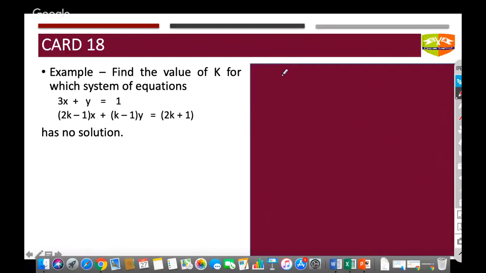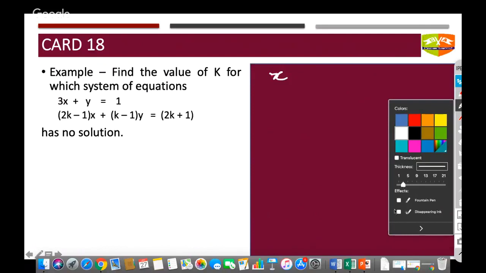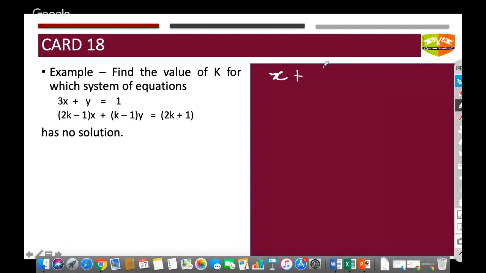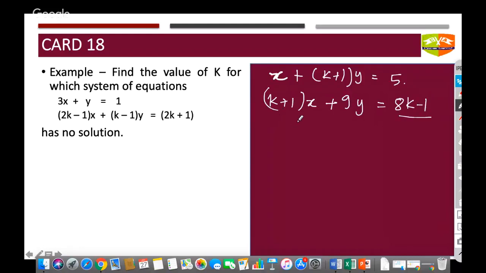So this is a CBSE 2003 question, which I'm going to write now, and in this question, x plus (k plus 1)y is equal to 5, and (k plus 1)x plus 9y is equal to 8k minus 1. And what do I want here? I want infinite solutions.